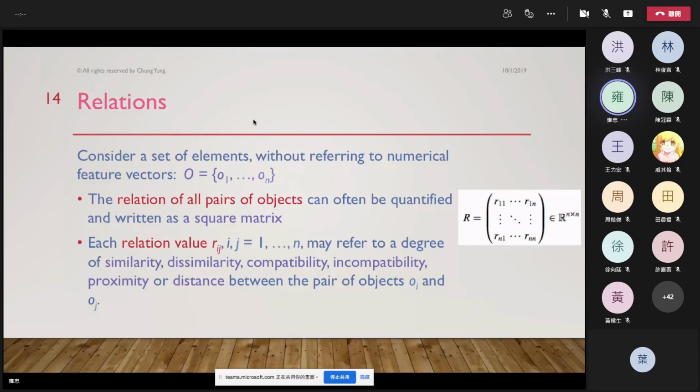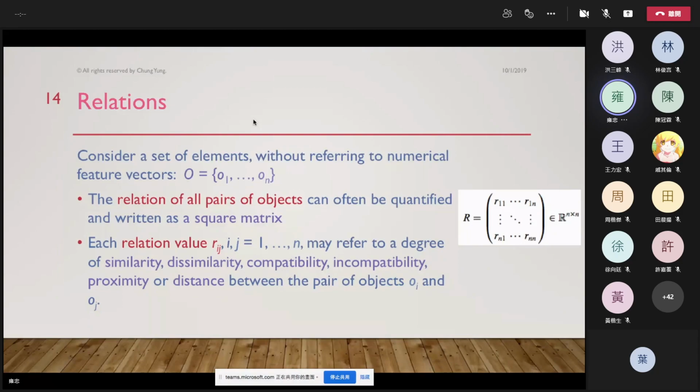Each relation value Rij, where i and j are both between 1 and n, may refer to a degree of similarity, dissimilarity, compatibility, incompatibility, proximity, or distance between the pair of objects from Oi to Oj. And it depends on the definition of the value we showed here.